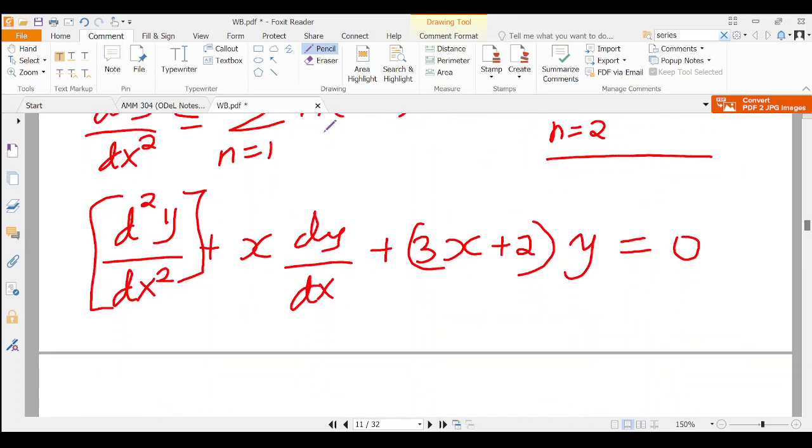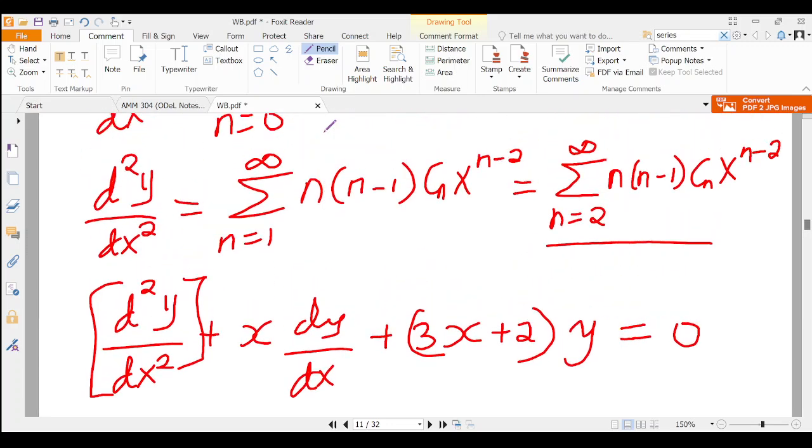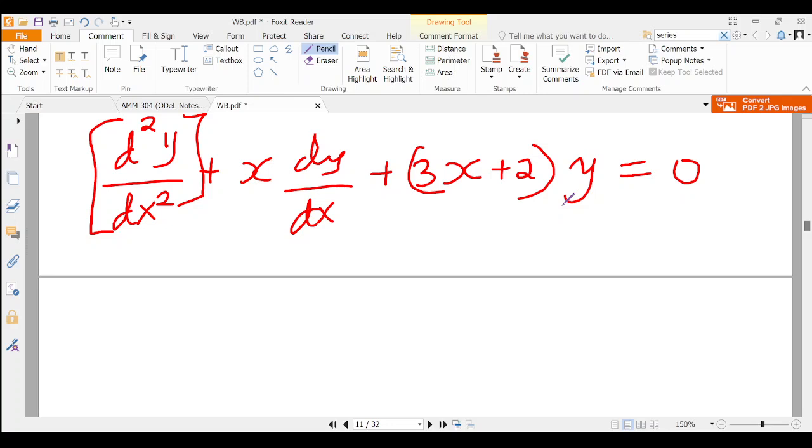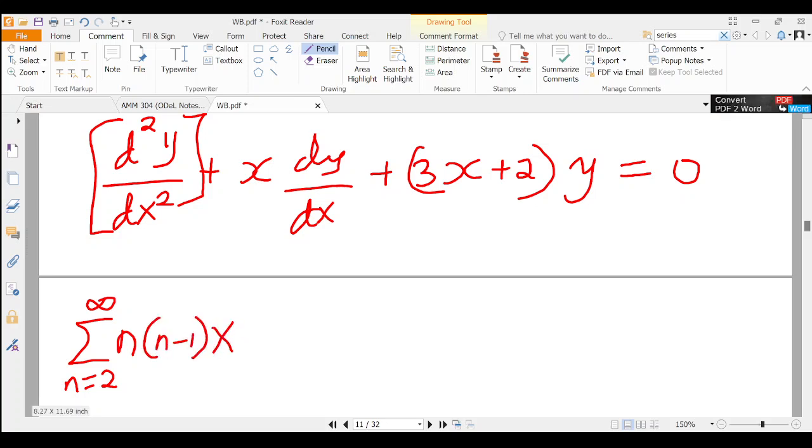So this equation becomes, you see now the first term is this quantity here. So we get the sum from n is equal to 2 to infinity of n times n minus 1 cn x raised to power n minus 2.